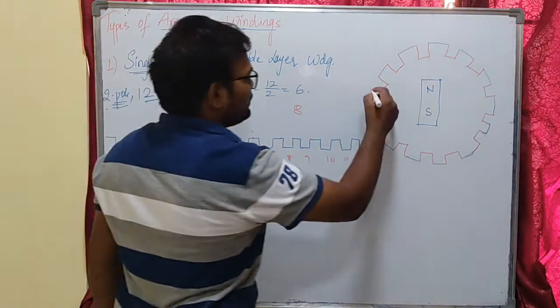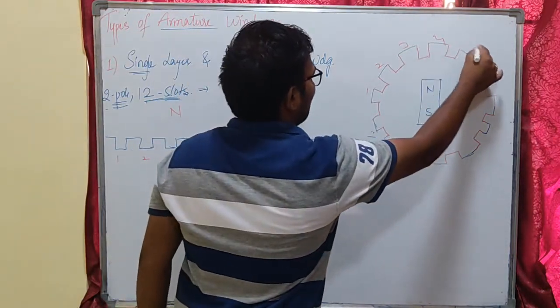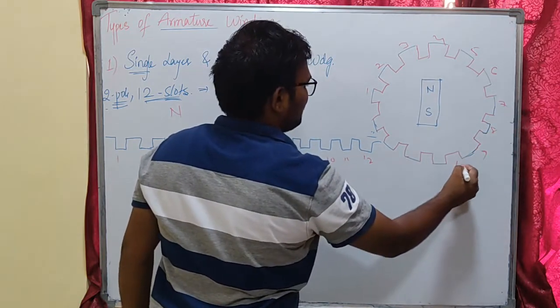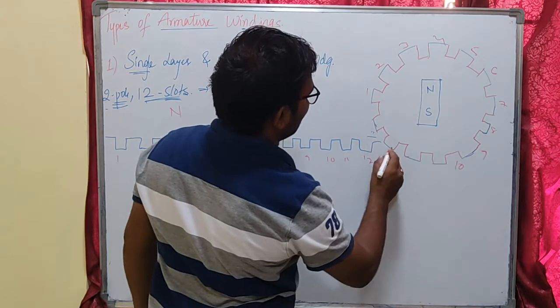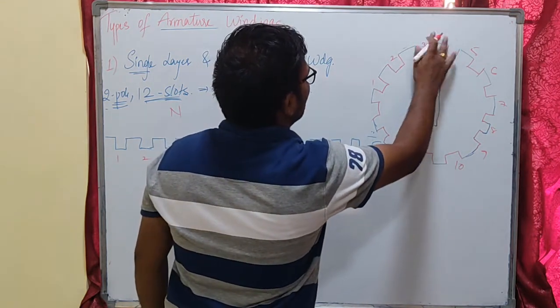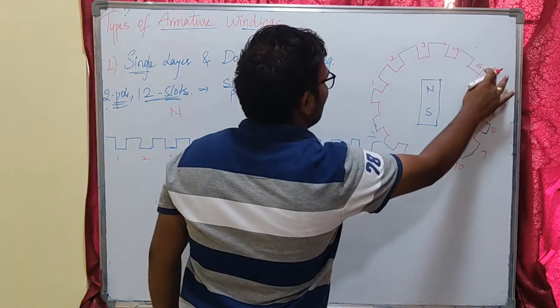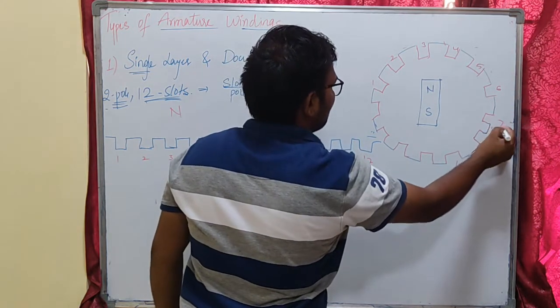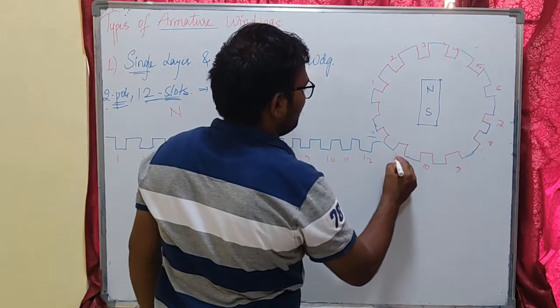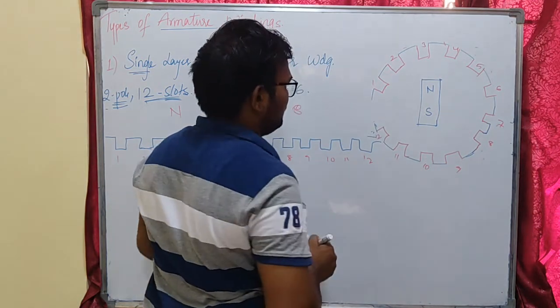Here you can see slots 1, 2, 3, 4, 5, 6 are under the vicinity of the north pole, and then 7 to 12.